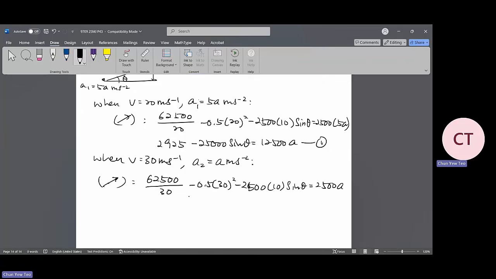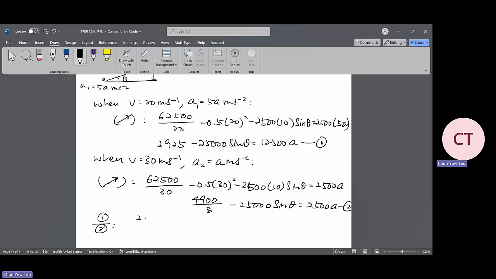And then we simplify it. Actually over here, nothing much to simplify. We make it 4,900 divided by 3, minus 25,000 sin theta, is equal to 2,500a. That is equation 2. So I just take 1 divide 2.